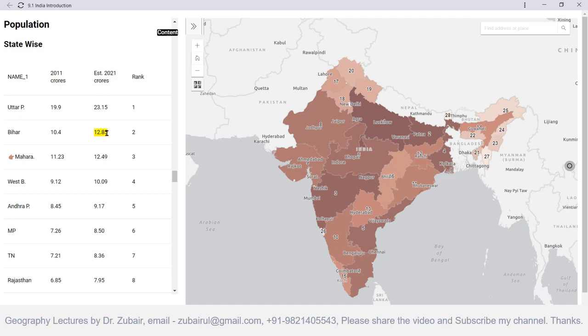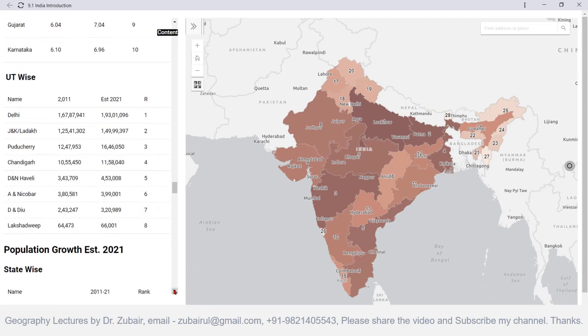Here you can see a change, because in 2011 Maharashtra was number 2, with 11.23 against 10.4, but in the 2021 estimate, Bihar is at number 2 and Maharashtra is number 3. In the Union Territories, the highest population is of Delhi, even more than Jammu and Kashmir and Ladakh, and the smallest population is Lakshadweep.